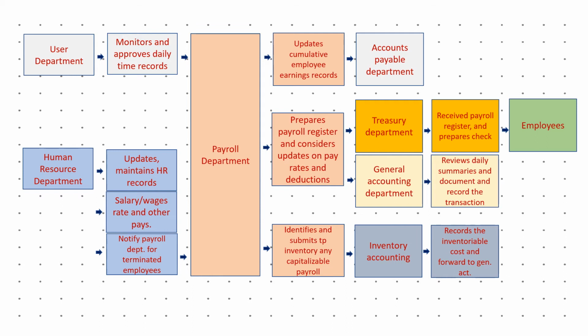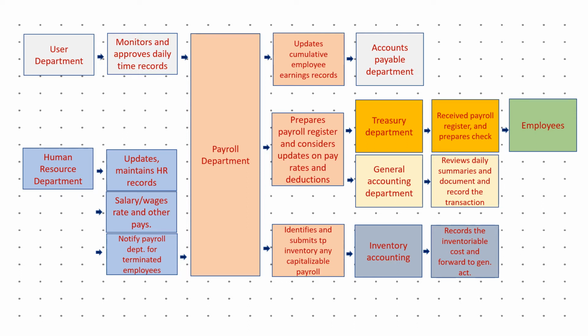The first thing we will discuss is the cumulative employee earnings, which relates to the long-term retirement plan, which will be passed to the accounts payable department in the future.